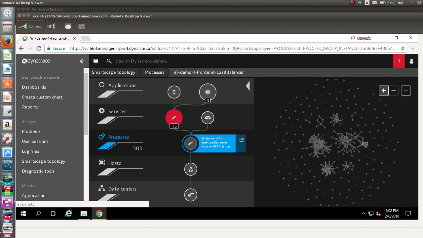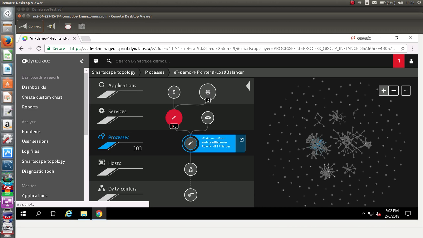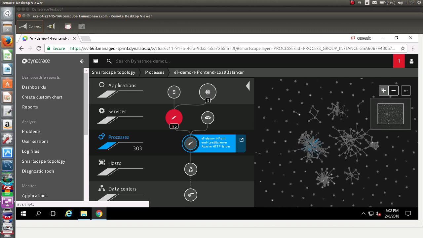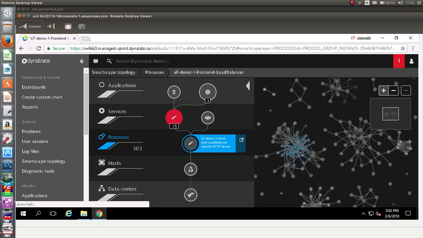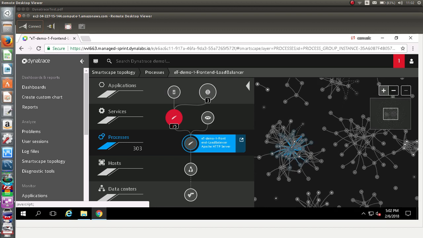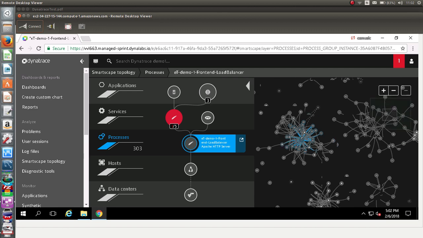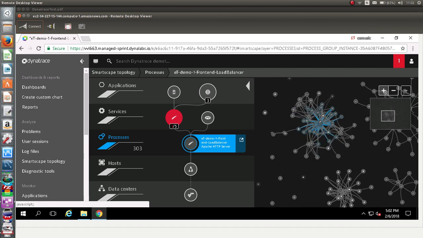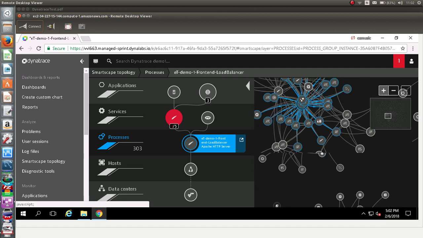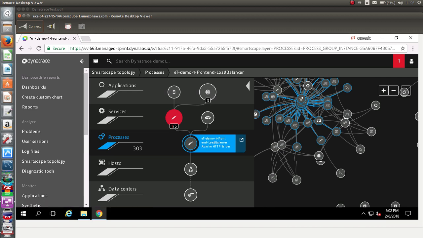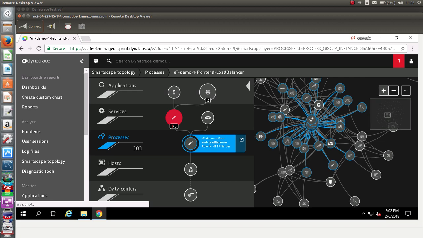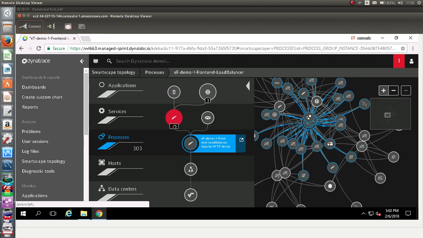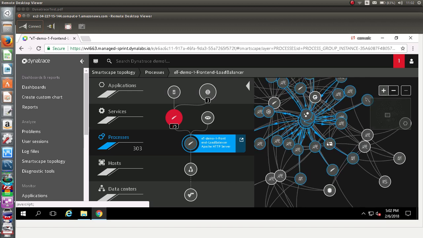This is the topology for the process. We're going to expand this a little bit to explain the relationships for these processes. We have a lot of processes coming in and going out of this process.